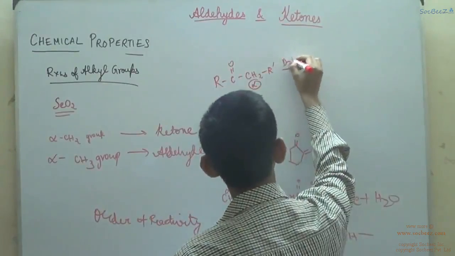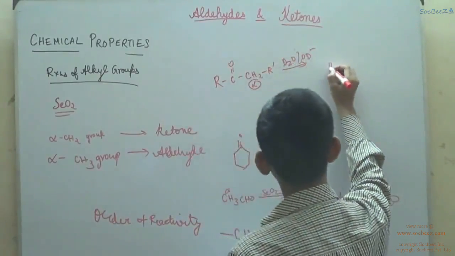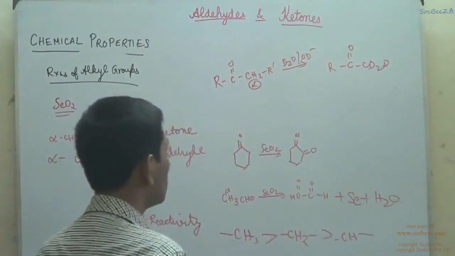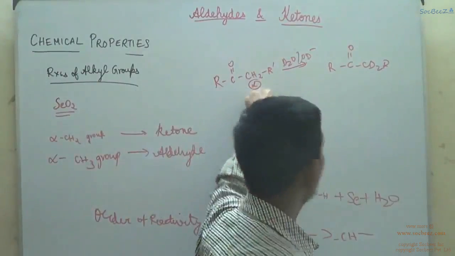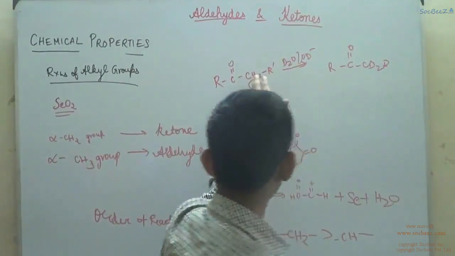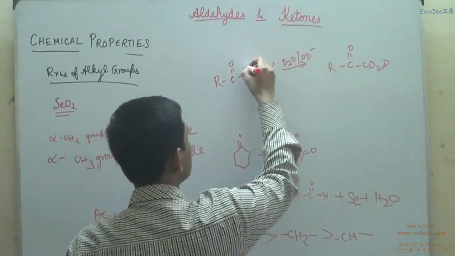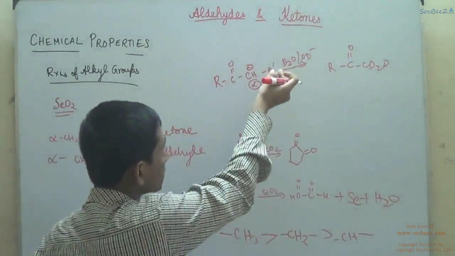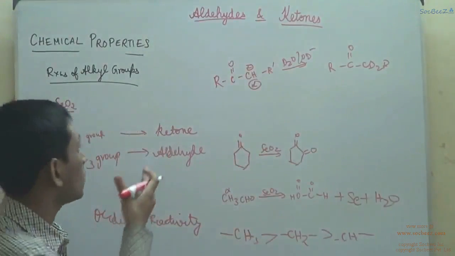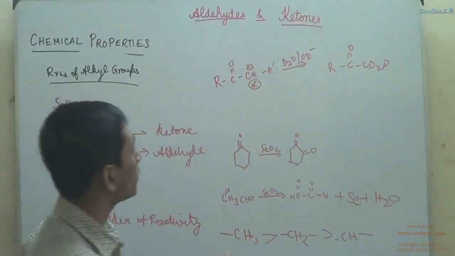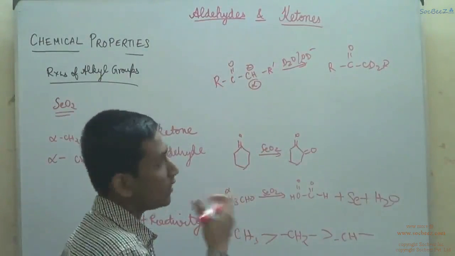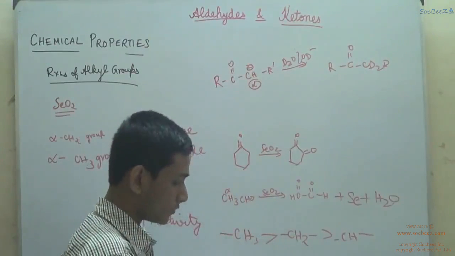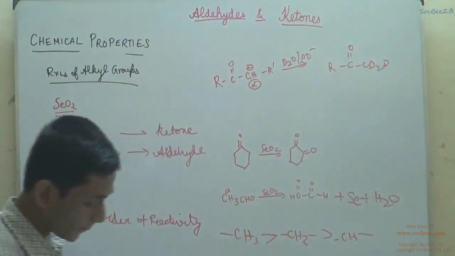So if you treat with D2O in the presence of a base, you get C double bond O, CD2 R. Because in the solution, this being the alpha carbon hydrogen atom, if this is removed by the base, the anion is very stable because of resonance, and it picks up a deuterium from the solution and forms that. So generally this active methylene compound forms this by deuterium exchange. Okay.